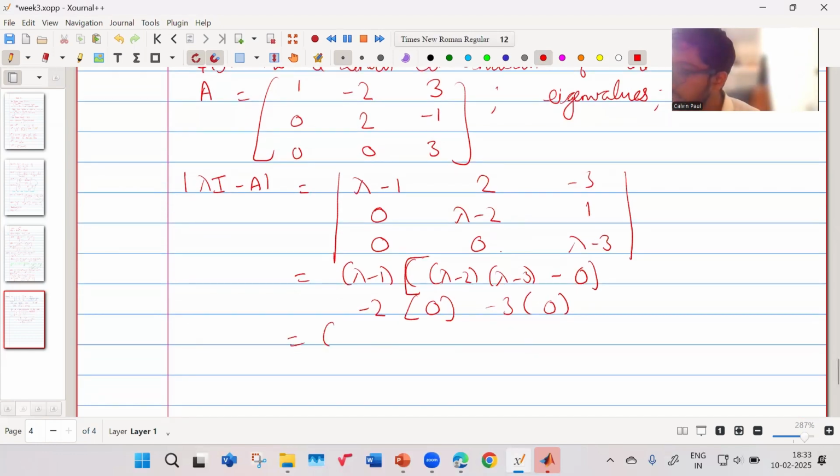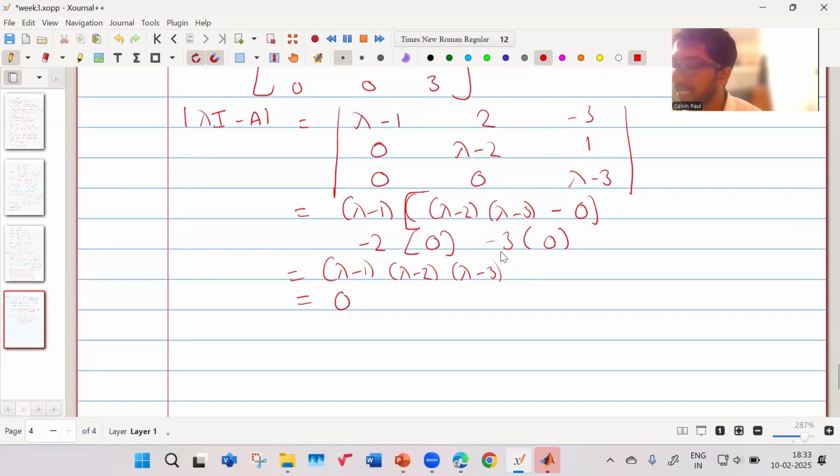So that is equal to lambda minus 1 into lambda minus 2 into lambda minus 3. So this should be equal to 0. So we get lambda equal to 1, 2, and 3. So there are three distinct eigenvalues of this.